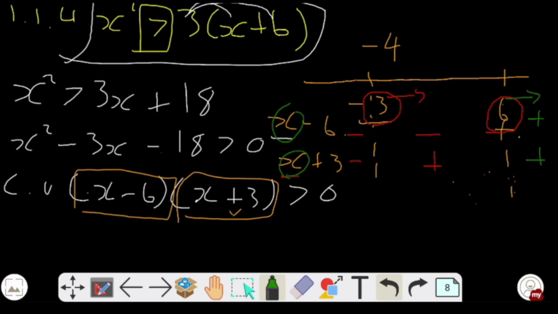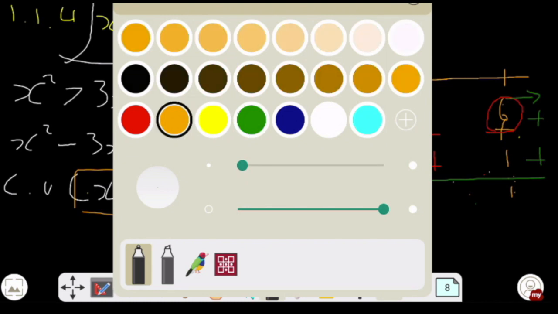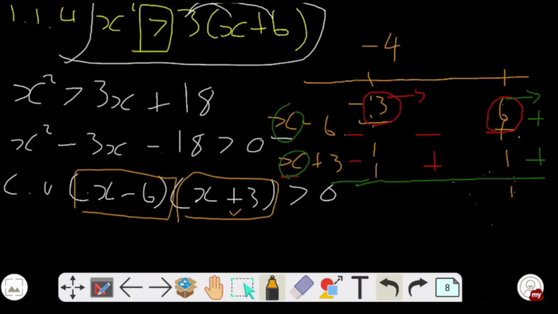Now from here we determine the products of our signs. A negative and a negative will give you a positive, a negative and a positive will give you a negative, and a positive and a positive will give you a positive.